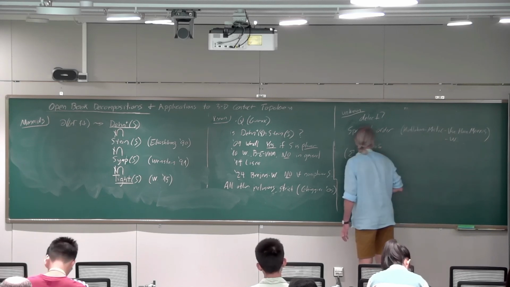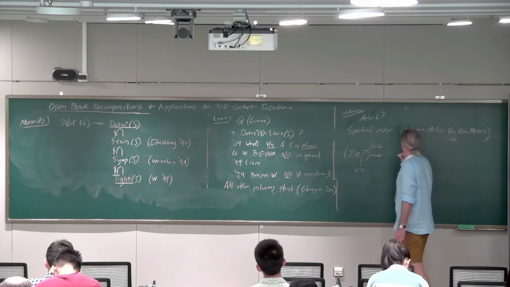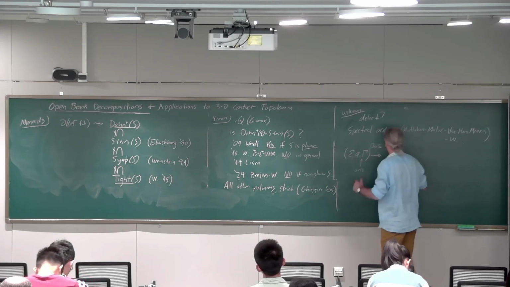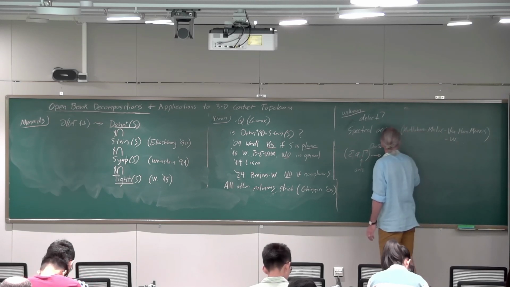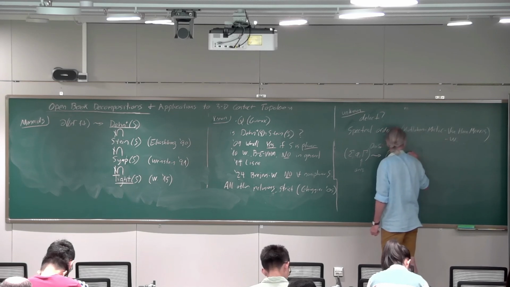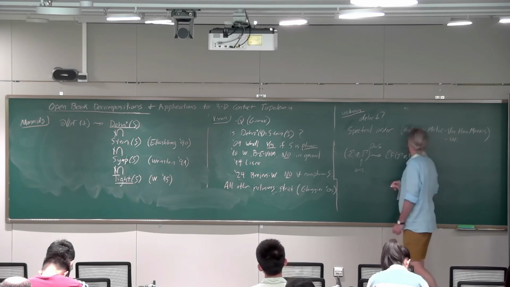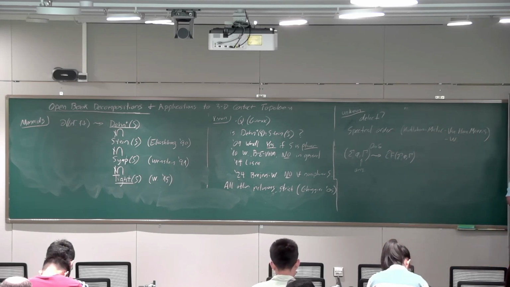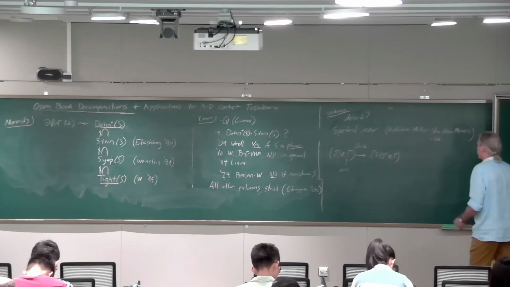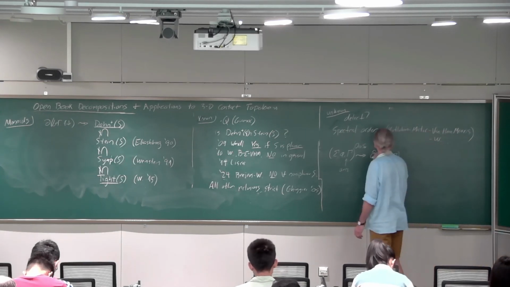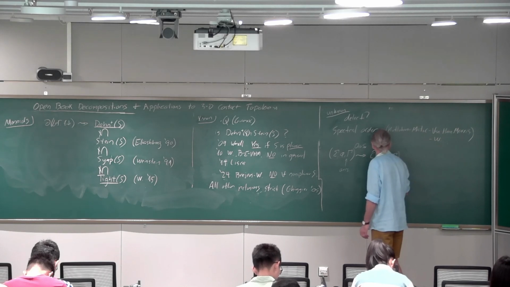So Ozsváth and Szabó, from this data, can build up a chain complex associated to their Heegaard Floer theory, which I'm just going to call CF hat of that information. If you're used to Heegaard Floer theory, this is just the chain complex of the hat version.